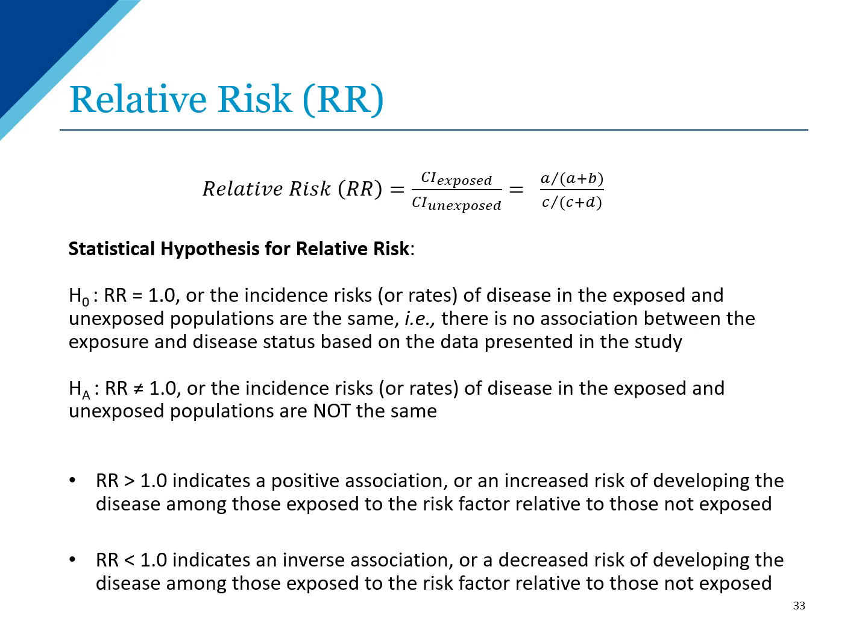Relative risks greater than 1 indicate a positive association, or an increased risk of developing the disease among the exposed. Relative risks less than 1 indicate an inverse association, or a decreased risk of developing the disease among the exposed relative to the unexposed.